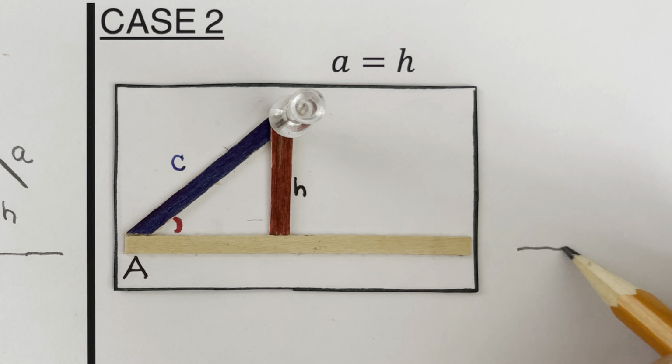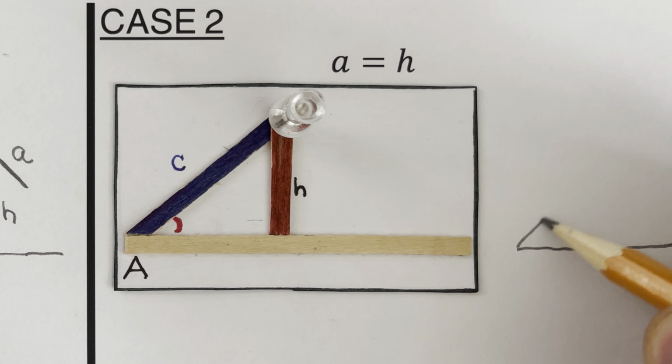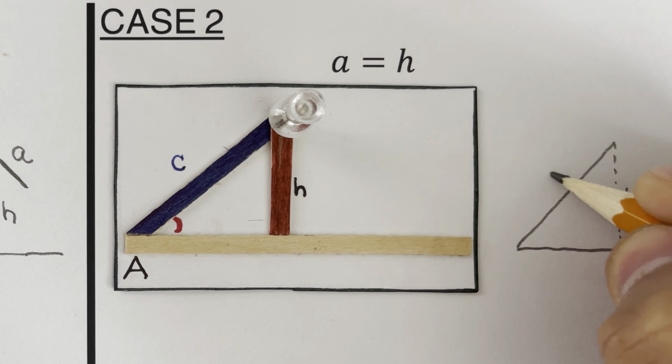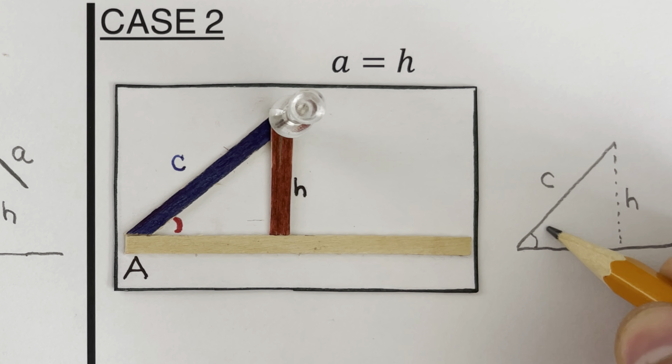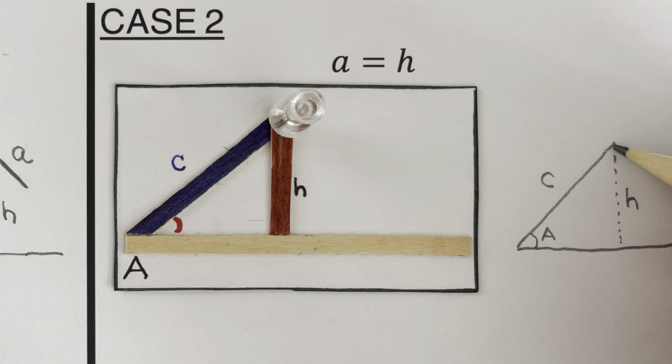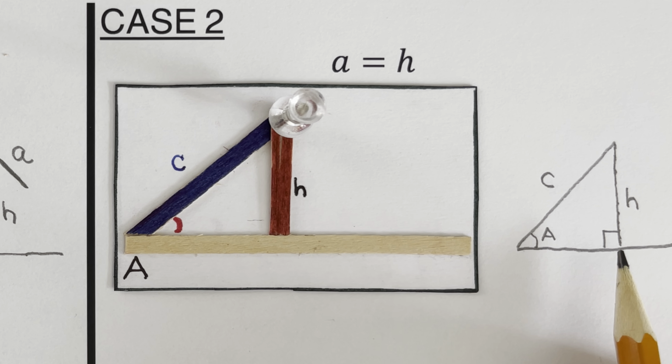This happens when our h is equal to a. Again, our a is the height. So this is h right here, this is our c, and this is our angle A. If a is equal to h, then we are able to come up with one right triangle.